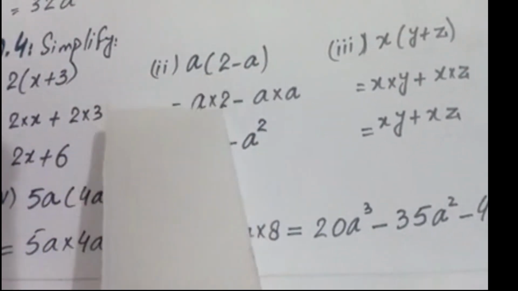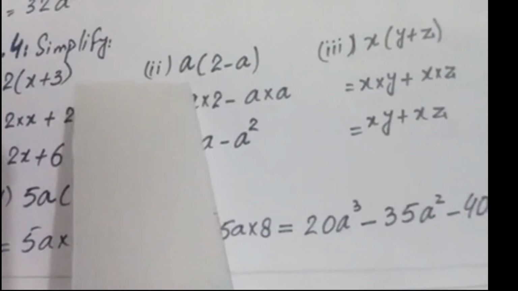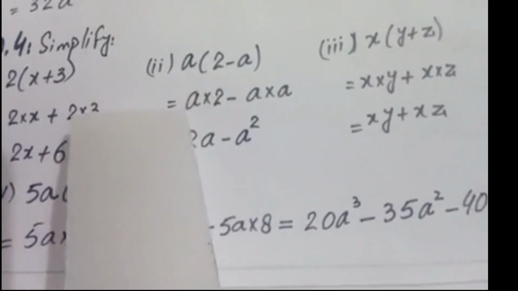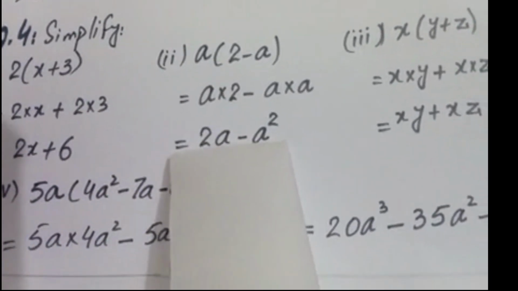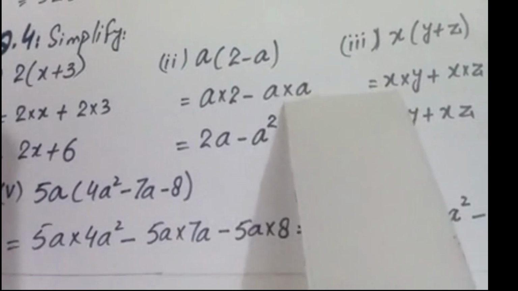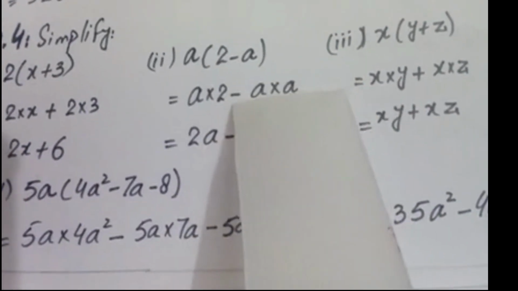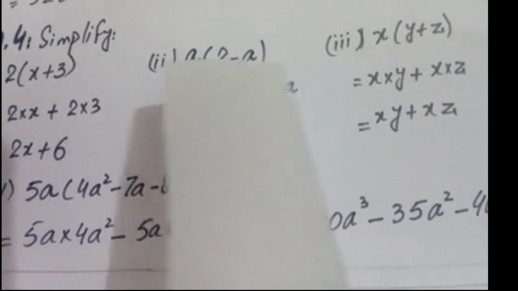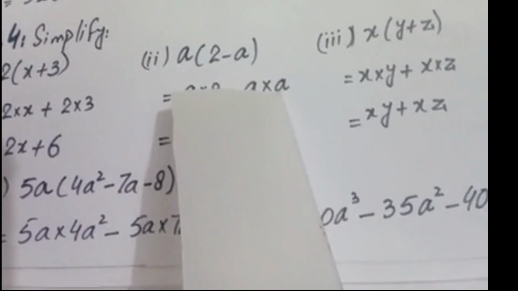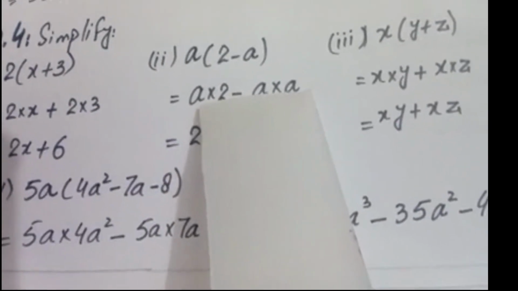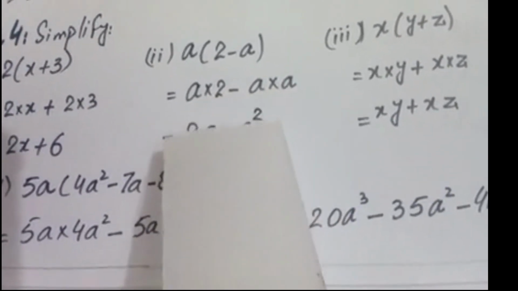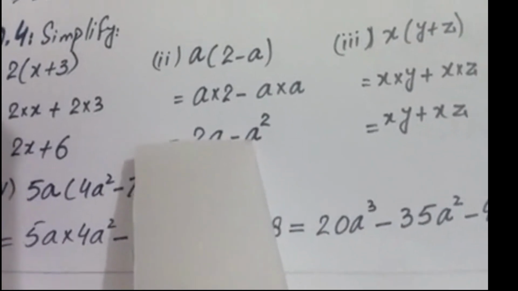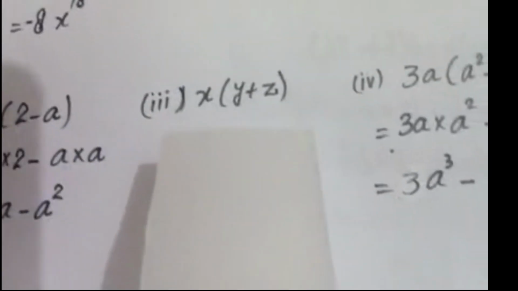So a multiplied by 2, minus this a will also be multiplied by a. a multiplied by 2 will be written as 2a and a multiplied by a will become a², because these are two numbers with same base and power of this a is 1, power of this a is also 1. When we multiply these terms, their powers will be added, so this will become a raised to power 2, that is a². This is the answer of this part.